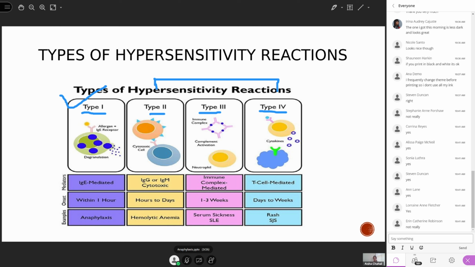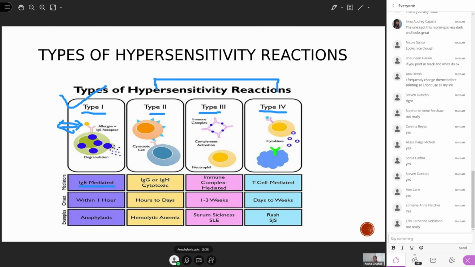Our point of interest is type 1, because anaphylaxis is a type 1 hypersensitivity reaction, and you have to be very clear about that. The antibody that is formed in response to the allergen is IgE.